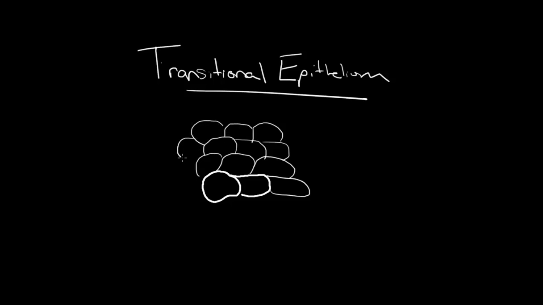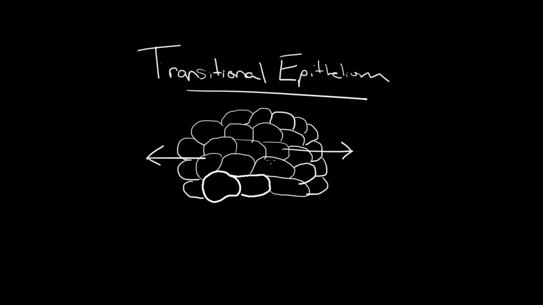And the thing about transitional epithelium is that layering differs depending on whether the tissue is being stretched or not. See, transitional epithelium with this kind of soap bubbly appearance, maybe soap bubbly isn't the perfect word to use, but this irregular layered appearance, it has the ability to distend or stretch, and so it becomes flatter vertically upon stretching, and the cell layers reduce overall.